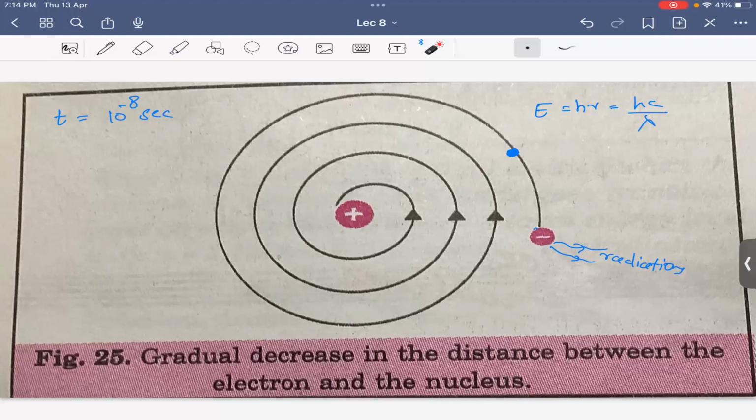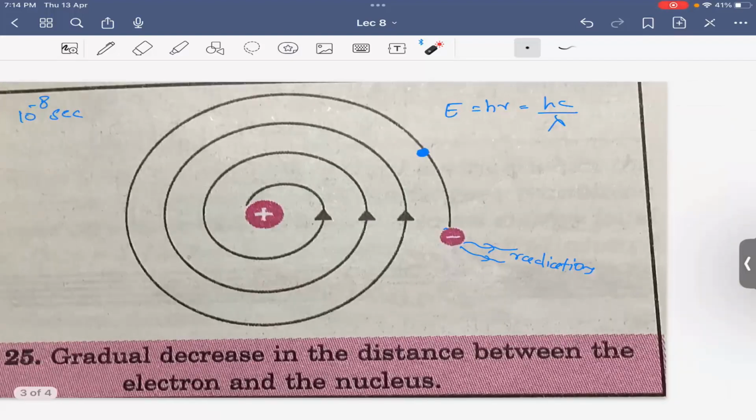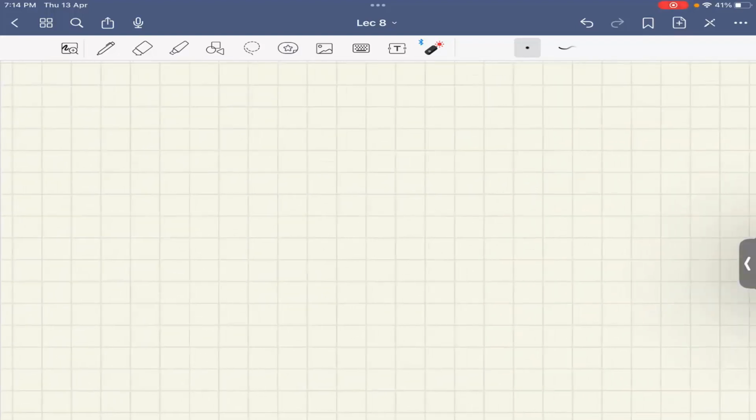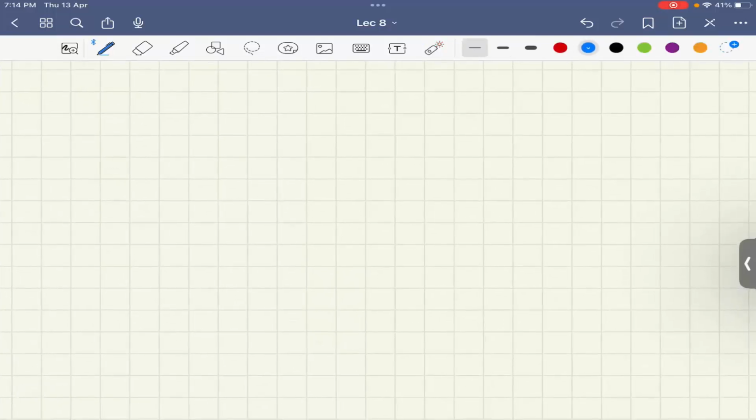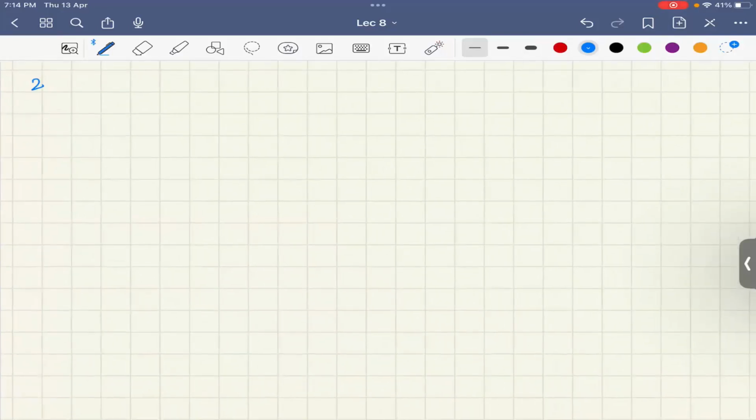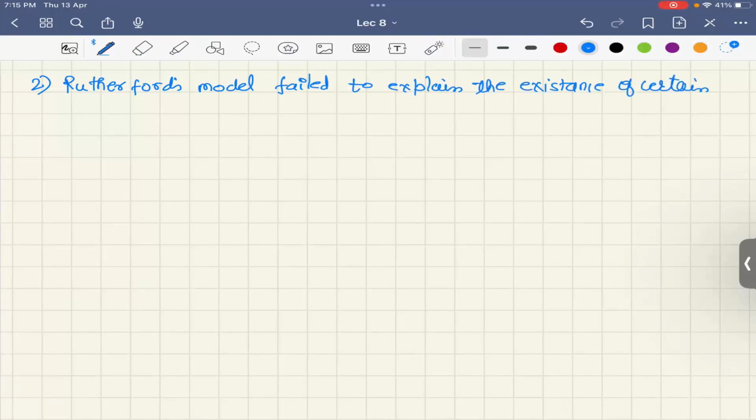Rutherford's model also could not explain the certain lines in the hydrogen spectra. So one drawback is what we have seen. The other drawback is that Rutherford's model failed to explain the existence of certain definite lines in the hydrogen spectrum.